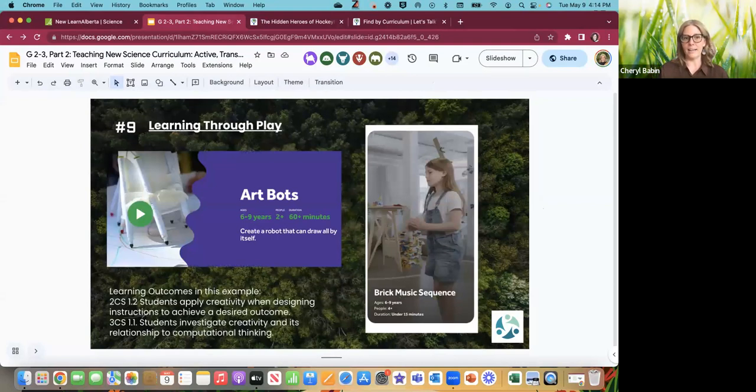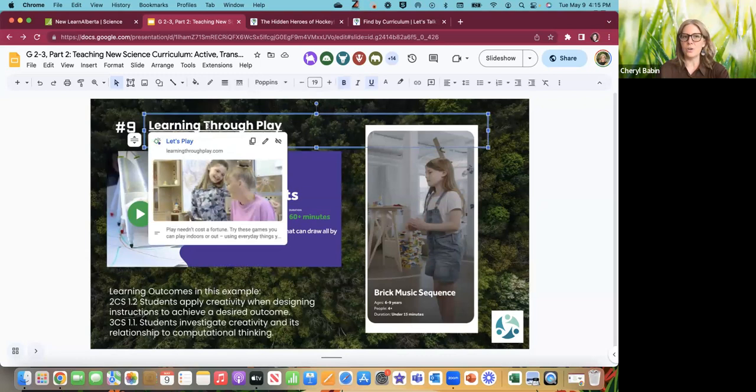Learning through play. Now, this one was actually a link that I found off of the Lego website, which of course is pretty fantastic. But this particular site is really connected to the competencies. And that's one of the things that I really liked about it. When we think about building communication skills, problem solving, collaboration, managing information, all of those types of things.